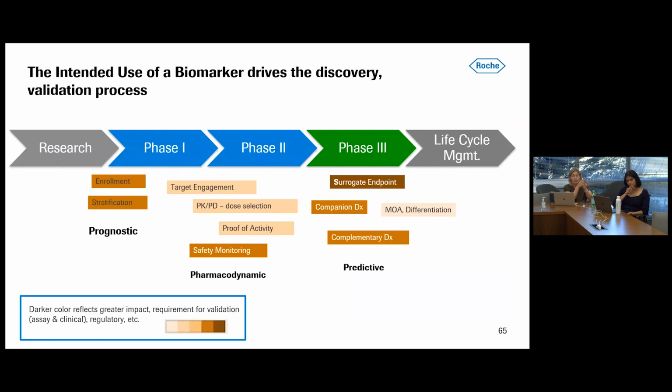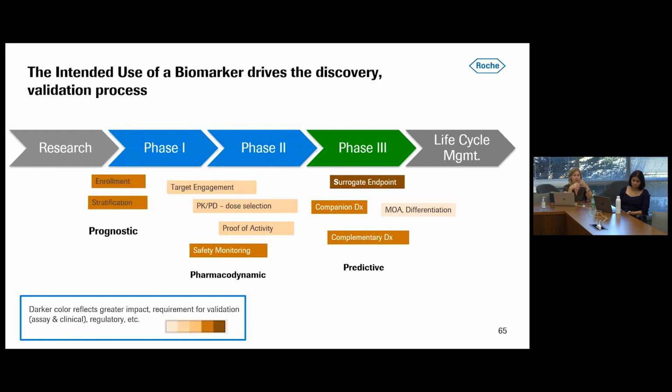And so the intended use really drives how much analytical validation needs to happen. Clearly, if it's a surrogate endpoint, depicted here in different grays, that requires us to be the most rigorous analytically, like there's no doubt about that. Versus if we're looking at things like target engagement or dose selection, those are really more at the sponsor's risk.